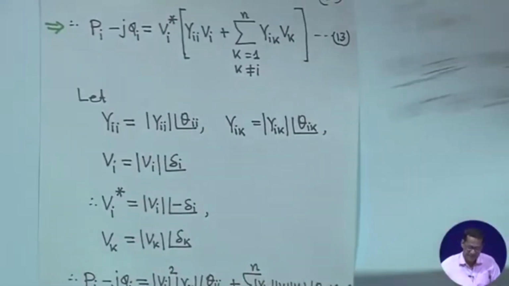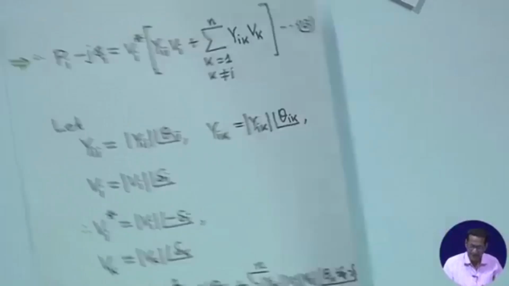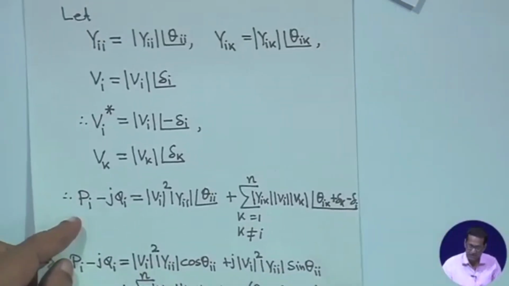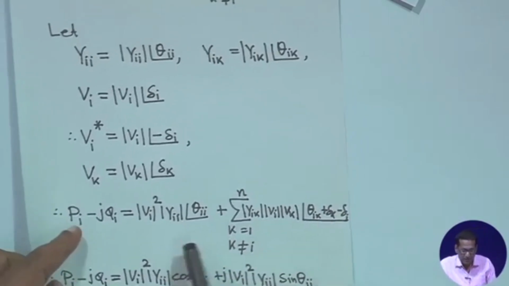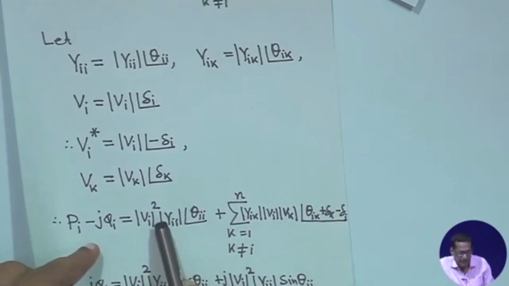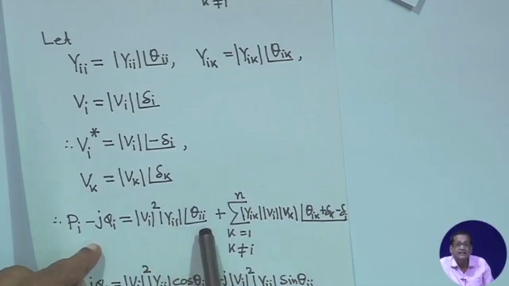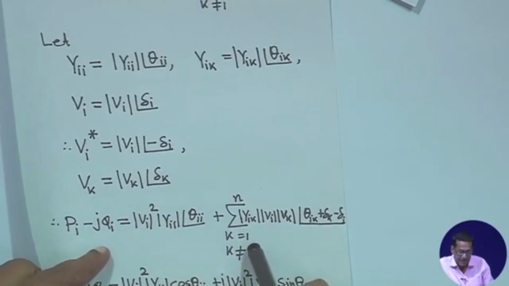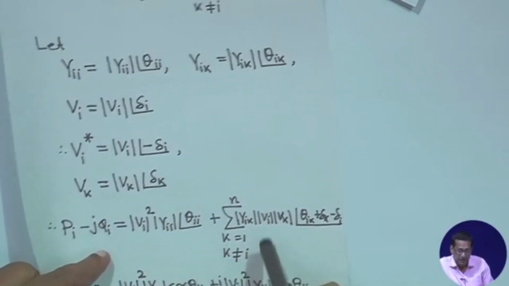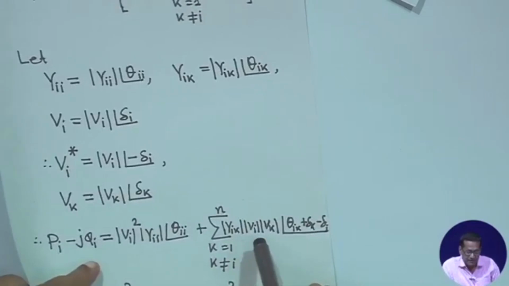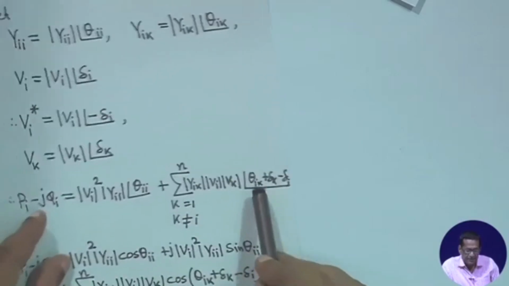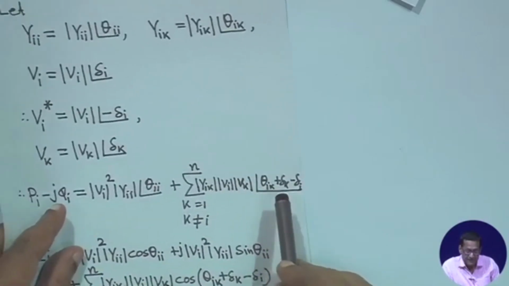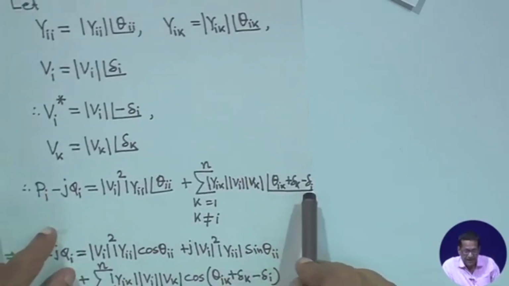Similarly, in the second term you substitute all these values. The first term will now be magnitude Vi square, magnitude Yii angle theta ii. The second term, k equal to 1 to n, k not equal to i, is magnitude Yik, magnitude Vi, magnitude Vk, with angle theta ik plus delta k minus delta i.